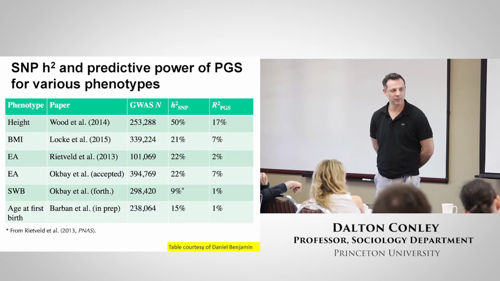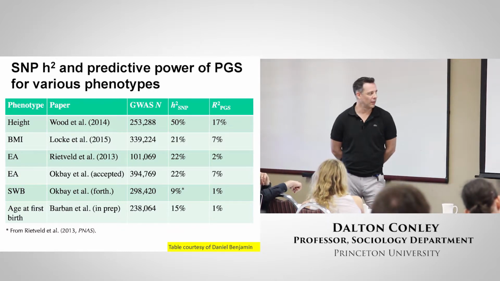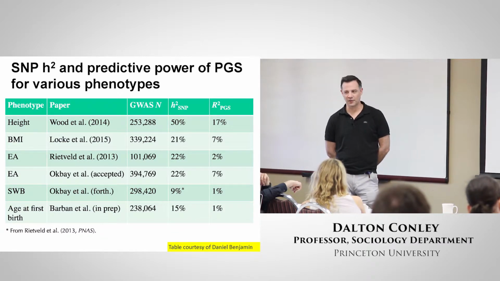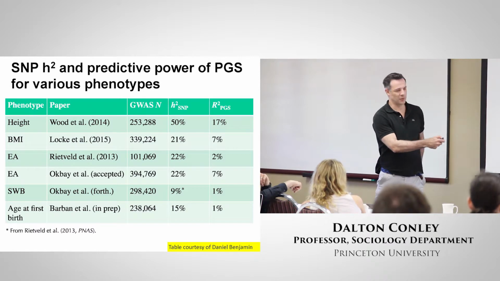Oh, quick question. Are these results all from meta-analysis or from individual cohorts? These are all from meta-analysis as far as I know. That's how they have these big sample sizes.